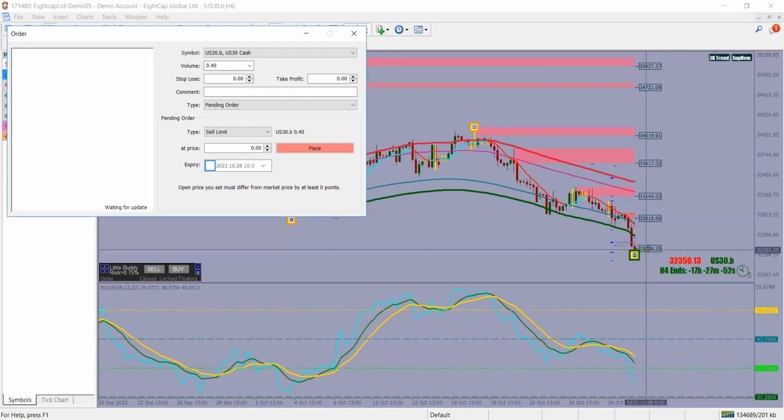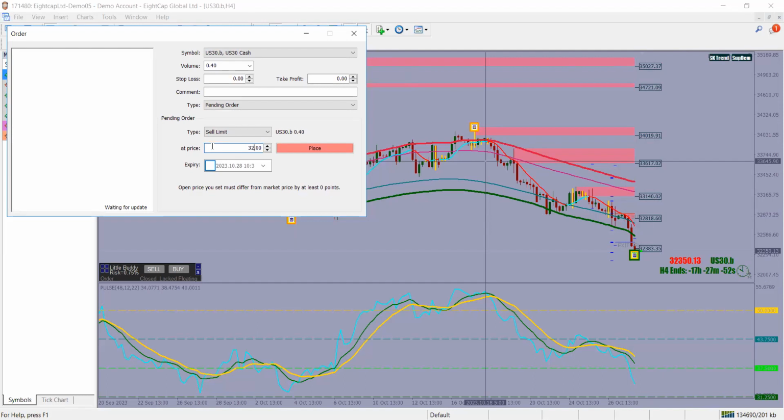Let's say I wanted my next point right here, where this order block is, at 32,818.60. Because the market is below there, the current price again being right over here on the right at 32,350, I would have to enter my sell limit order at a higher price.